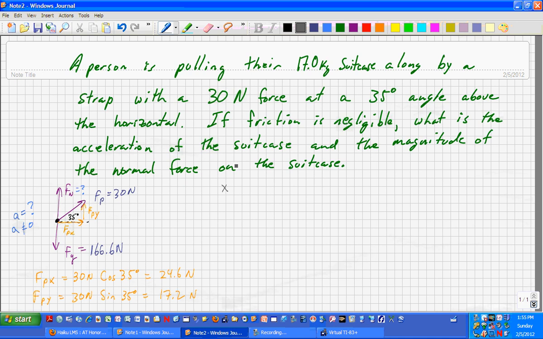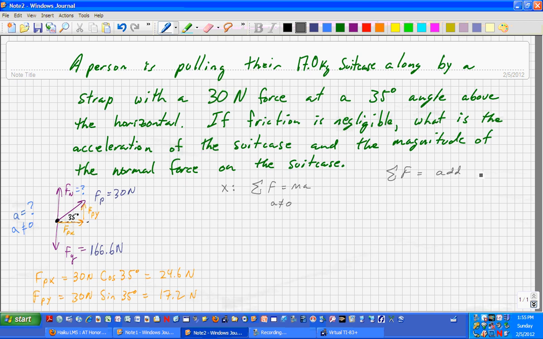It's being pulled along. So in the x direction, the sum of the forces is going to be equal to mass times acceleration, because acceleration is not equal to 0. Sum of the forces literally means sum of the forces. We add them up.